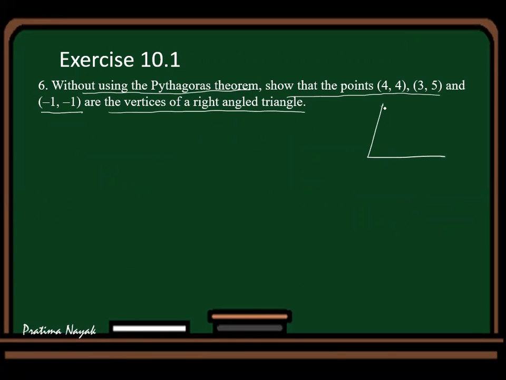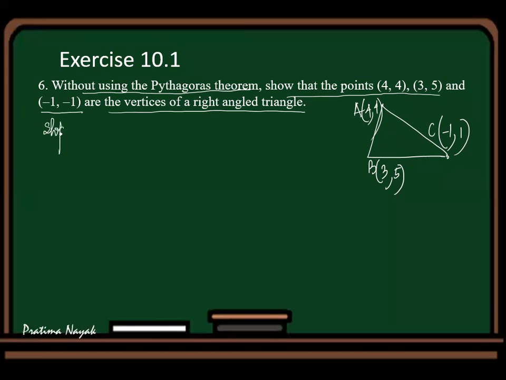So here I am taking triangle A is (4, 4), B is (3, 5), C is (minus 1, minus 1), and not applying AB square plus BC square is equal to AC square, because we are not using Pythagoras theorem. Then what will you use? We'll use the slope concept.